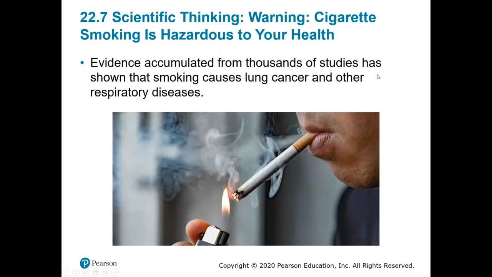All right, so evidence accumulated from thousands of studies has shown that smoking causes lung cancer and other respiratory diseases. The good thing is, I have noticed, probably more so in the last 10 years than before, and I've been teaching 20-something years now, that the incidence of smoking went way, way down.